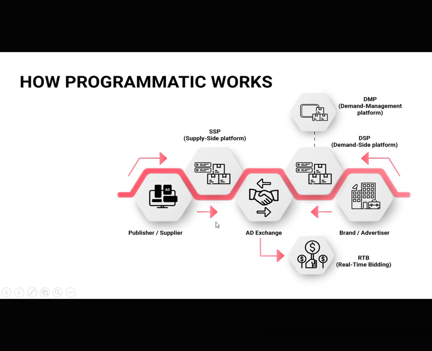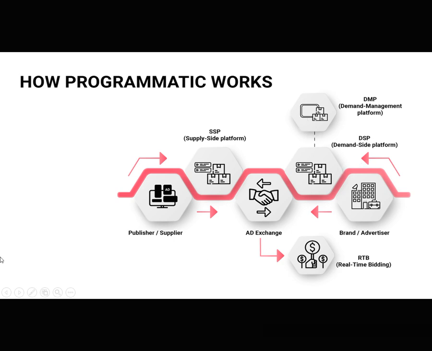So this is the whole cycle: publisher, then SSP. The SSP gives the demand for the publisher's ad inventory to the ad exchange, and the exchange does the real time bidding. The real time bidding happens via the brand, the advertisers directly. Then you have DSPs, and DSPs also filter the demand via the DMPs.